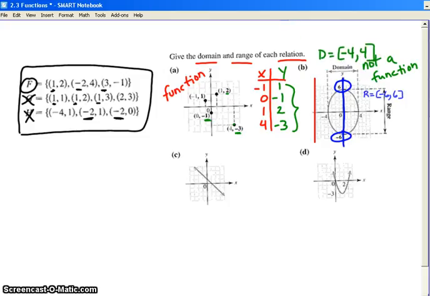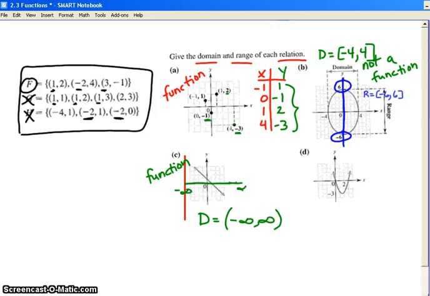Okay, on example C, if I do the vertical line test, notice that it only crosses my vertical line one time anywhere I put the vertical line. So this is a function. Okay, the domain goes from negative infinity to positive infinity.